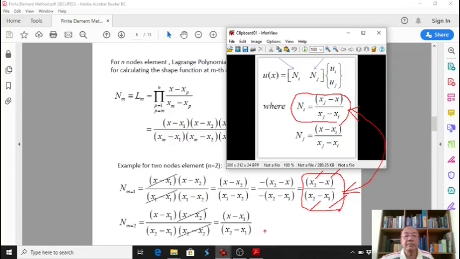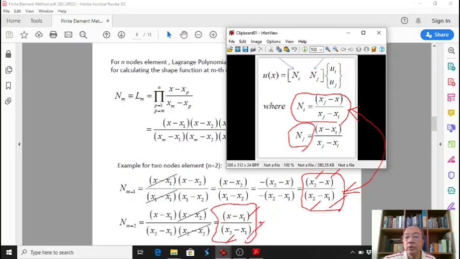Okay, so n2 we found this. If we compare to nj just now, this is x minus xi, so here x minus x1, with i replaced by 1. At the bottom, this is xj, x2 minus xi, replaced with 1, so x2 minus x1.